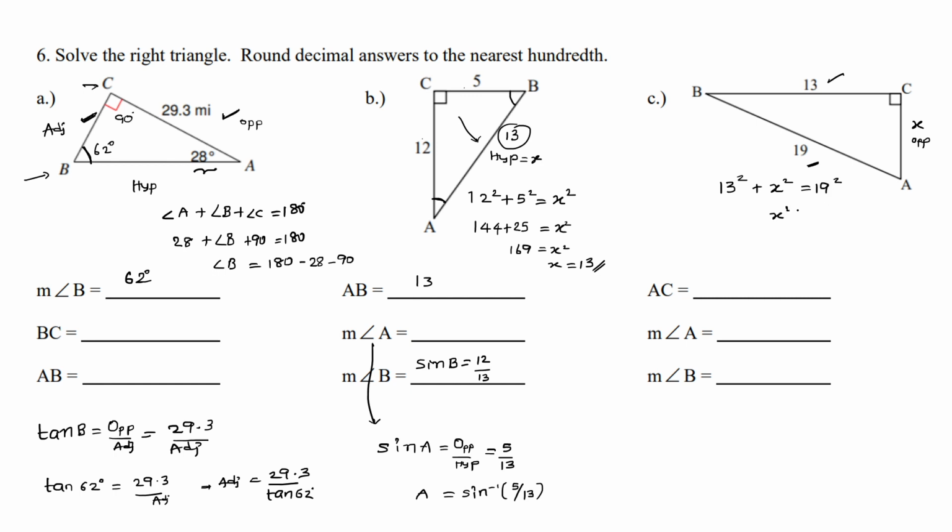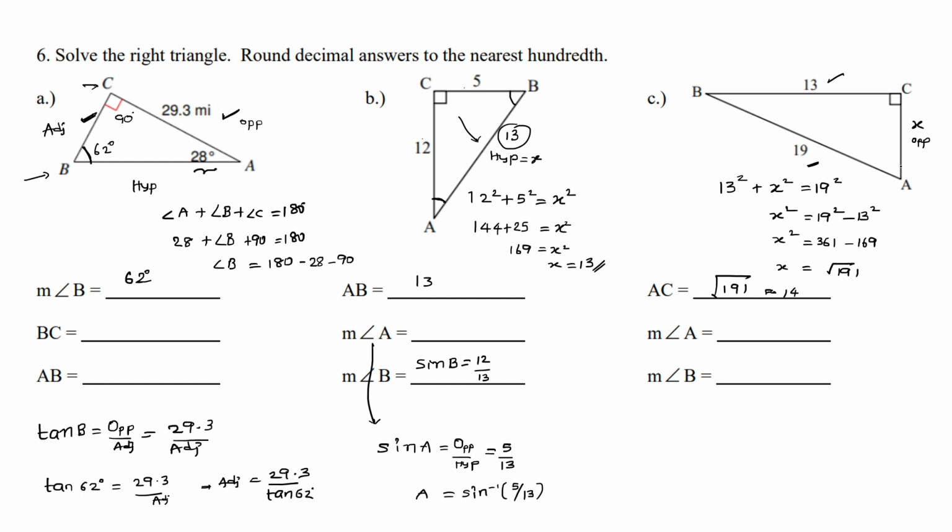So x square is equal to 19 squared minus 13 square, which is 361 minus 169. So if you subtract 361 minus 161, it will be 200, and if you subtract 9 more, it will be 191. So x is equal to root 191. So the answer for AC is root 191, which is approximately 14, or 13.9.